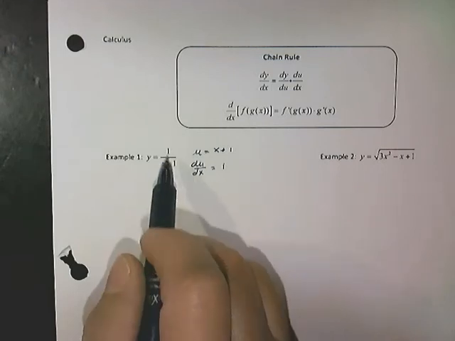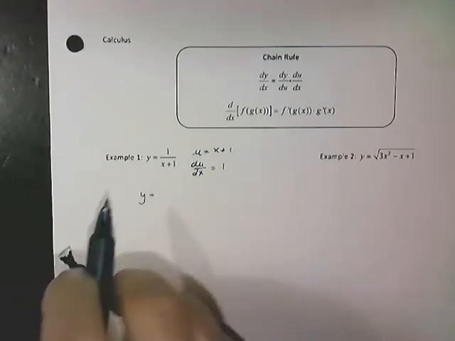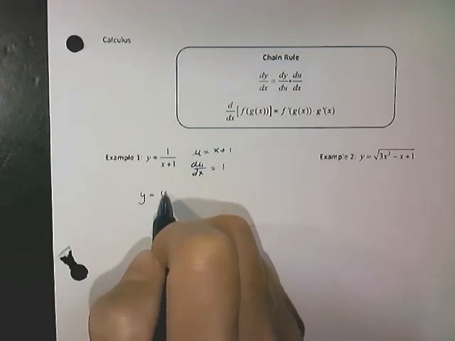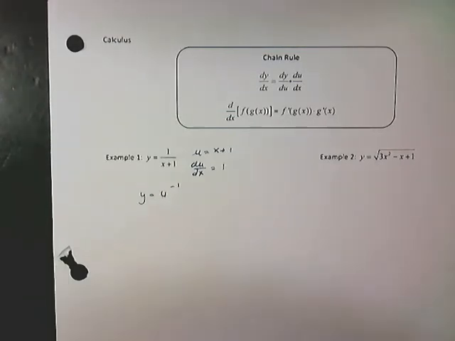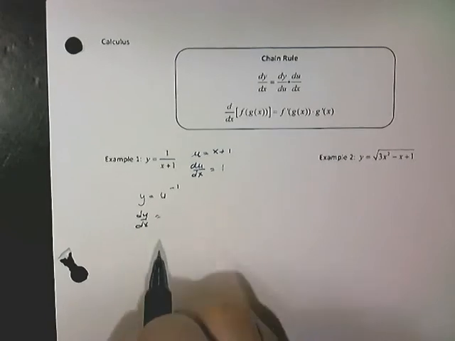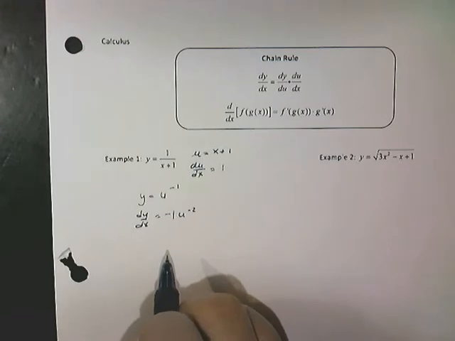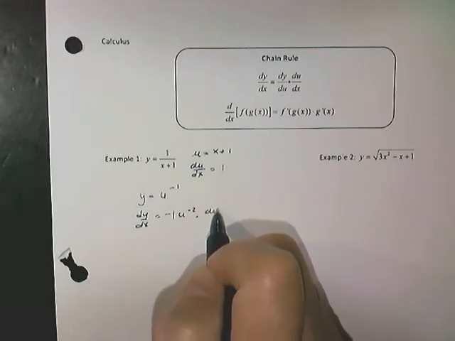So then if I rewrite this, y is equal to 1 over u, or u to the negative 1. So dy/dx is equal to negative 1 u to the negative 2 times du/dx.